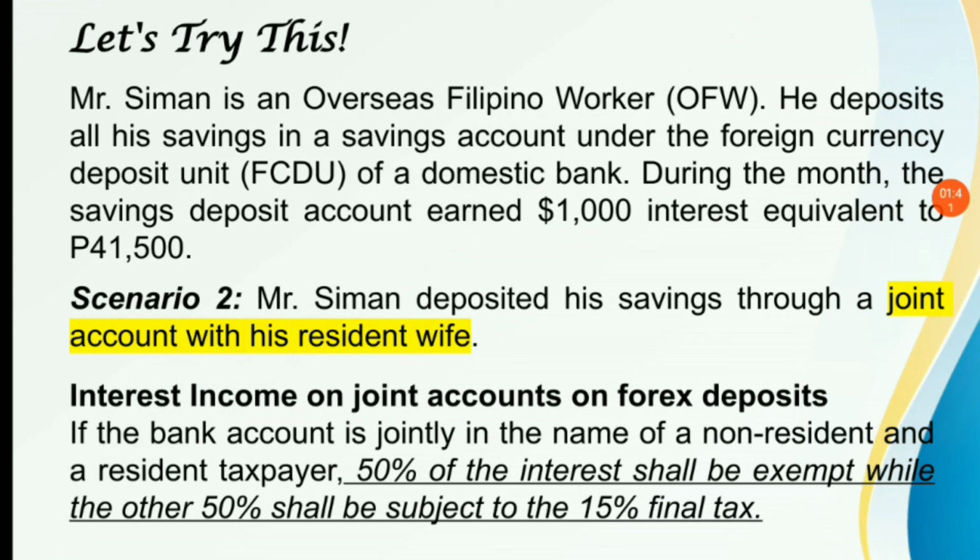And then the other 50% will be subject to the final tax. So whose 50% is this? It is the resident wife's. So the resident wife will pay the 15% final tax on her interest income.